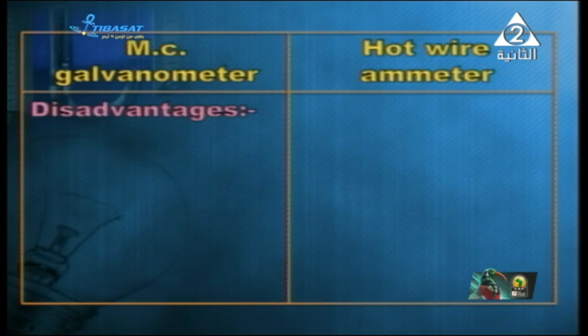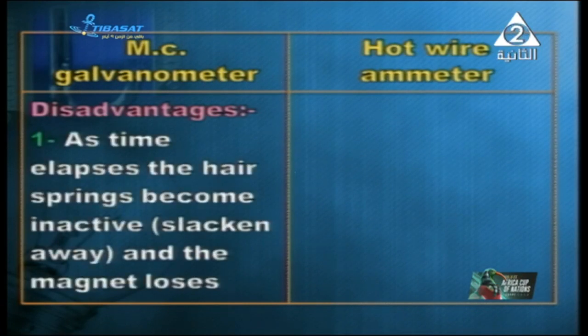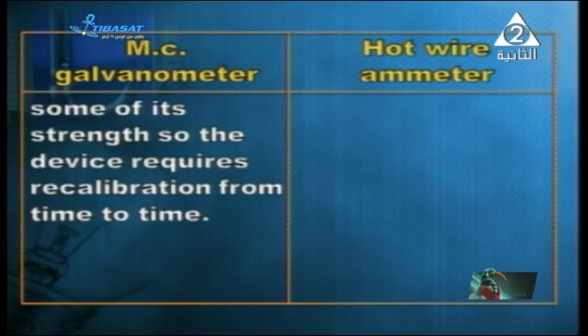Talking about the disadvantages of each one of them. Disadvantages of the moving coil galvanometer: as time elapses, the hair springs slacken away and the magnet loses some of its strength, so the device requires recalibration from time to time.